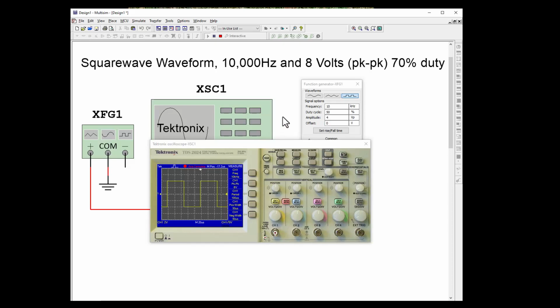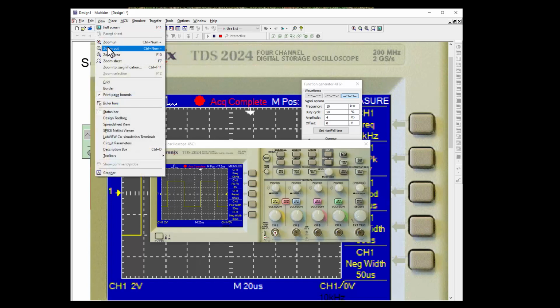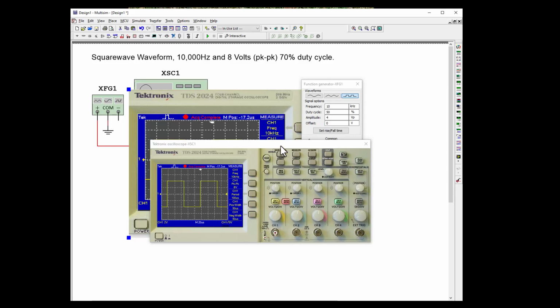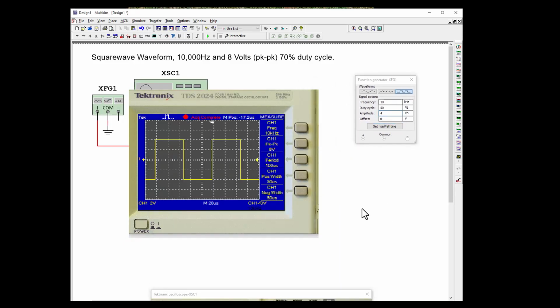Okay. And again, it's going to be huge, so let's go ahead and zoom out. Let's turn that off. And let's take our scope out of the way. And here's a good picture of that.